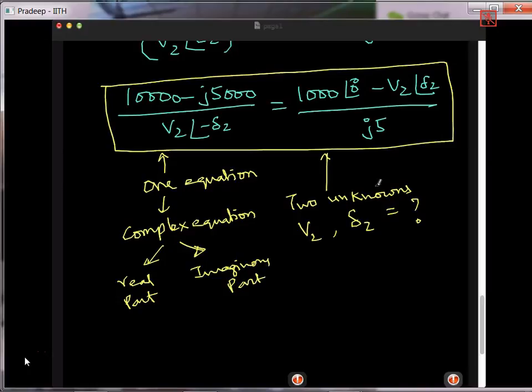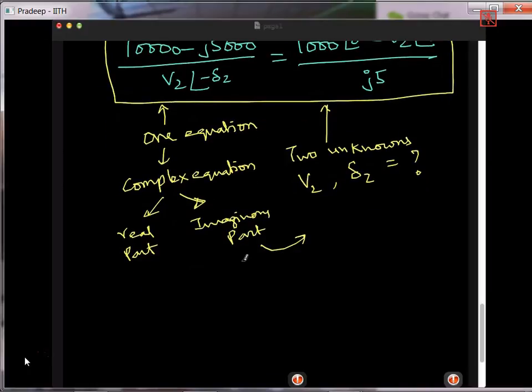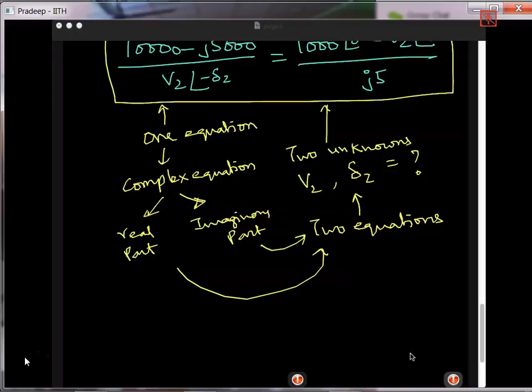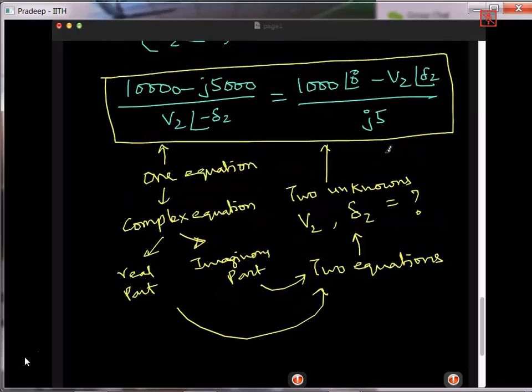So from these, I actually get two equations, and I have two unknowns, so I am able to solve it. Is it clear what I am trying to explain? This is the equation you want to solve. If you solve it, then you know what is V2. In order to find V2, there are two unknowns and only one equation, but this equation is complex, therefore you have a real part and an imaginary part. You can separate them, then you can find the two unknowns. So this is the procedure. Any doubts up to here?